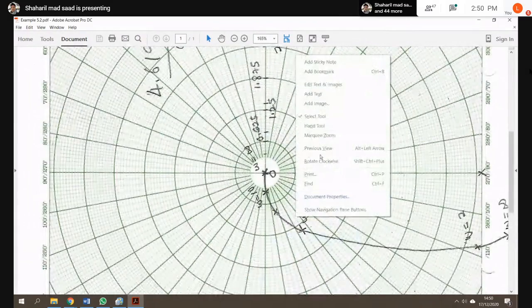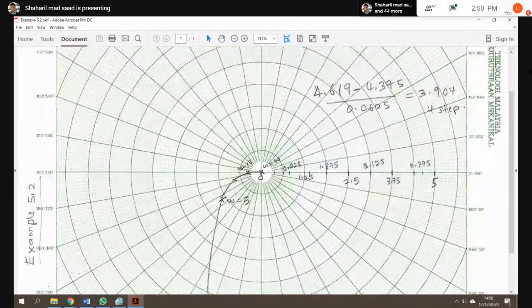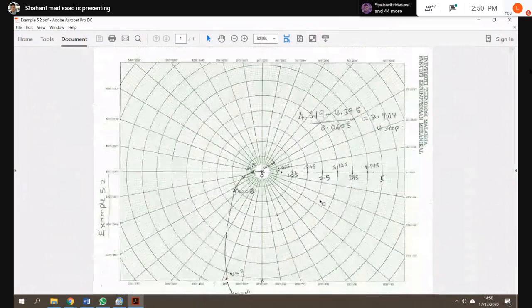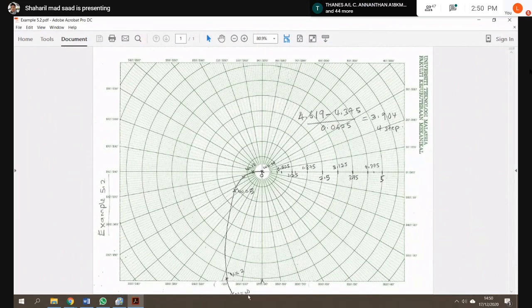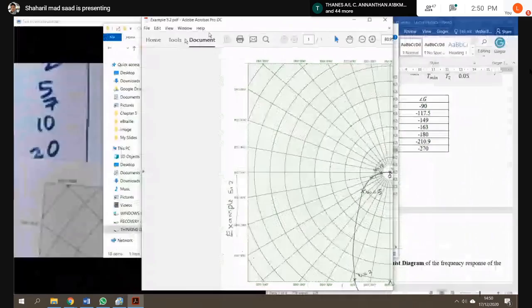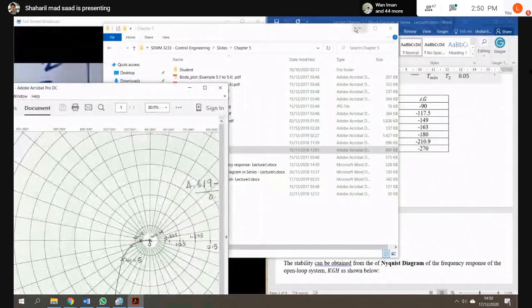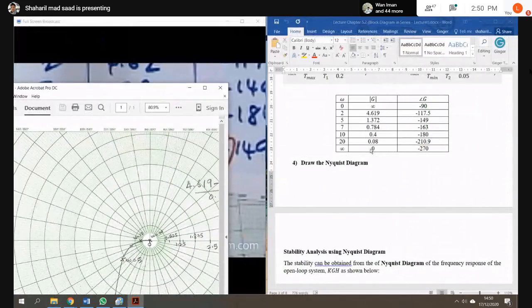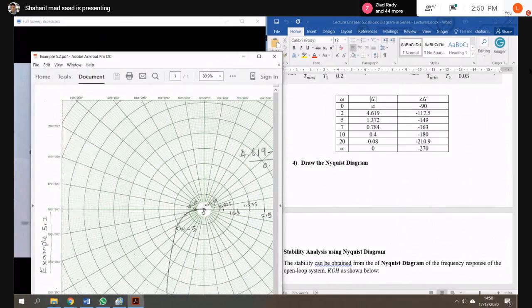Rotate clockwise, rotate again. Yeah, you got this kind of graph. Okay, so of course the infinity, that means the value for infinity is equal to 0. Yep, omega equal to infinity, right? The value is equal to 0 here.